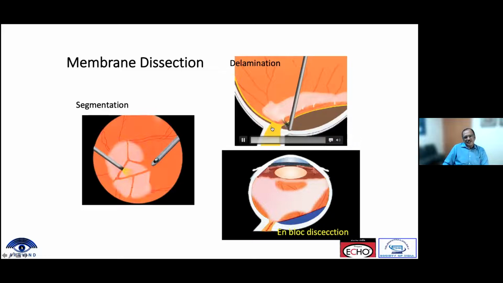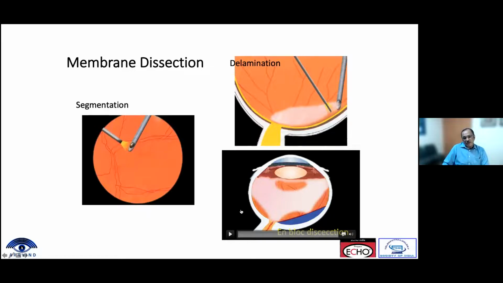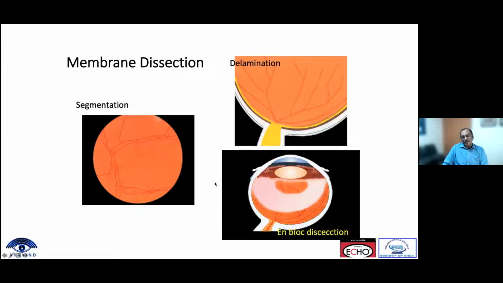So today, with the improved instrumentation, we are doing a lot of combinations of these procedures to remove these membranes, what we call en bloc dissection, where you use the anteroposterior traction of the vitreous and the membranes as a support to cut these membranes and remove them in toto.